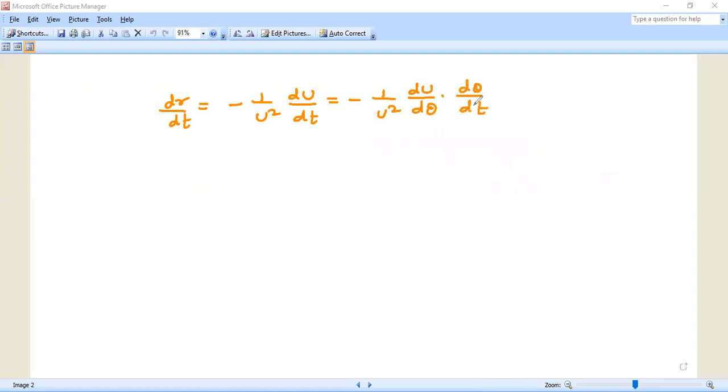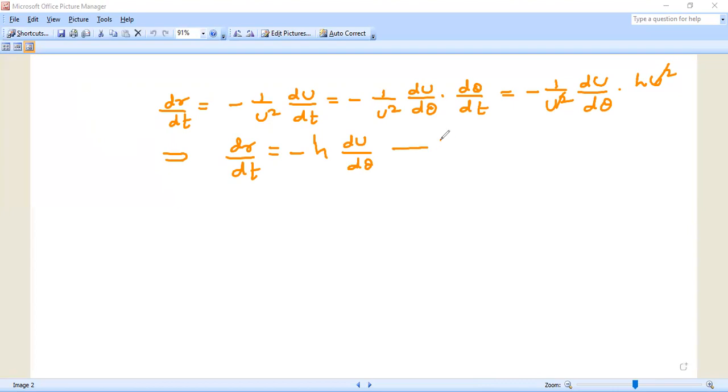Okay, but d theta by dt equal to h u square we have. We have h u square, so can u square cancel? Then dr by dt is equal to minus h du by d theta.